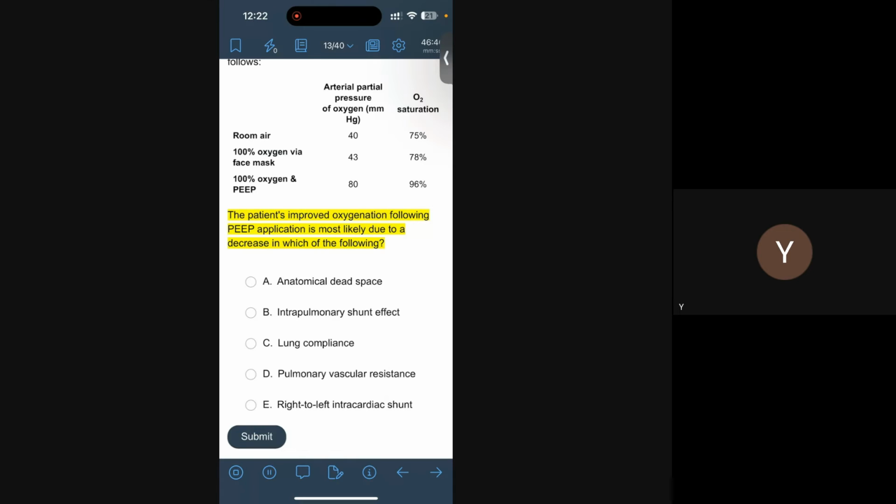To prevent this, we apply a higher end expiratory pressure. Okay, thank you. Got it.